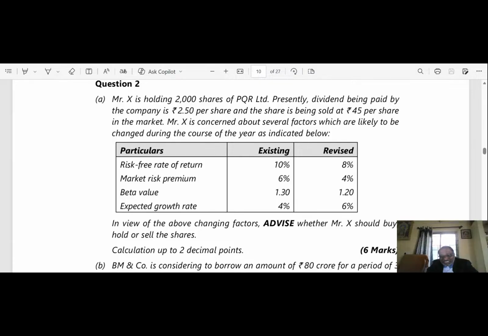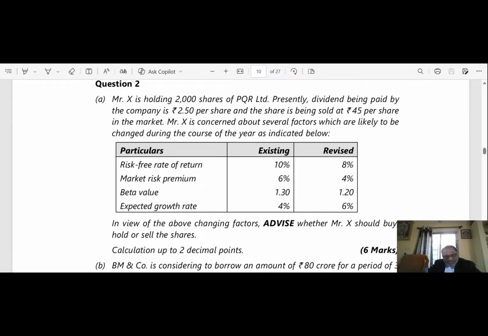Dividend presently being paid: Mr. X is holding 2000 shares of PQR Limited. Presently, dividend being paid by the company is 2.5 rupees per share. That is the dividend. Now D into 1 plus G, that comes under the 2.5 rupees.